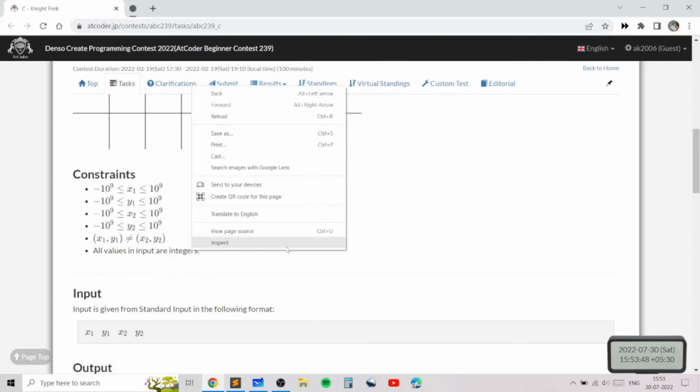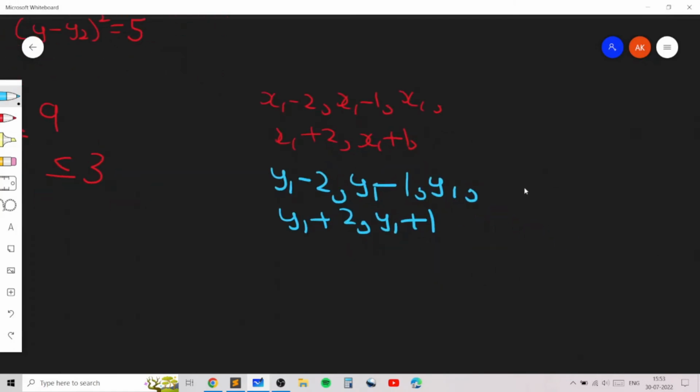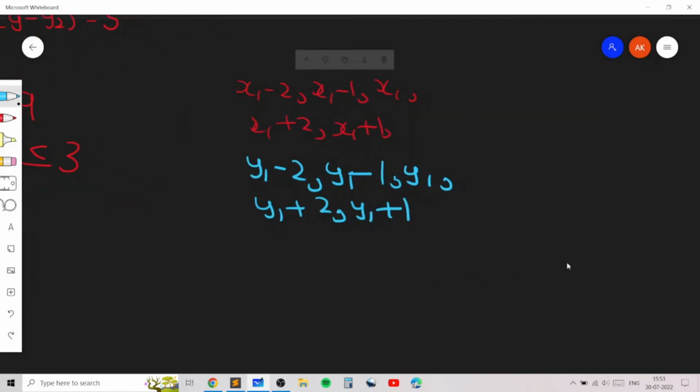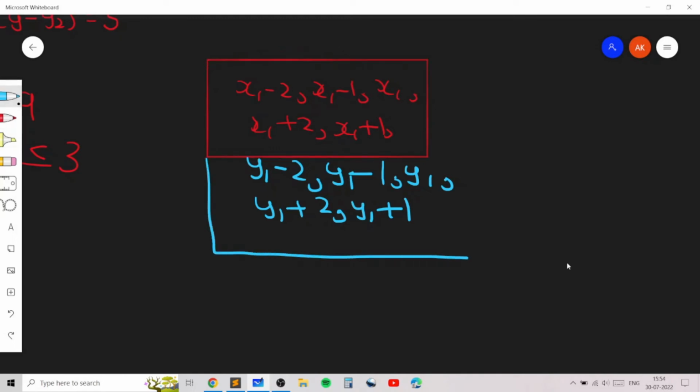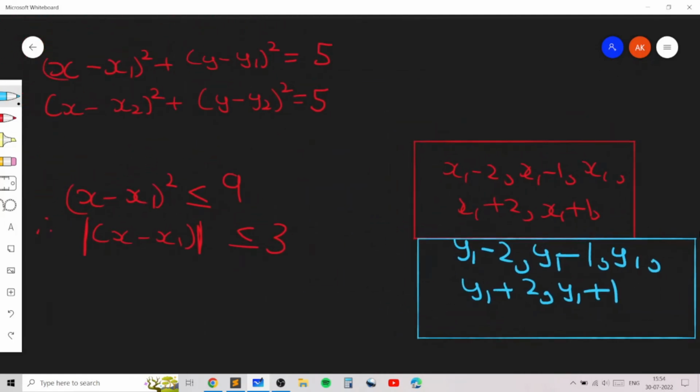So that's why we can just see that there are only these possibilities for x1 and y1, and we can brute force on these 5 possibilities for x1. For each of these 5 possibilities for x1 and for each of these 5 possibilities for y1, we will manually check whether the sum of the squares is 5 for both the points.